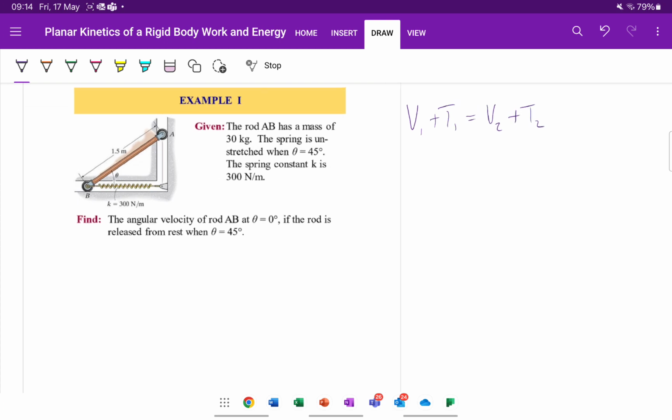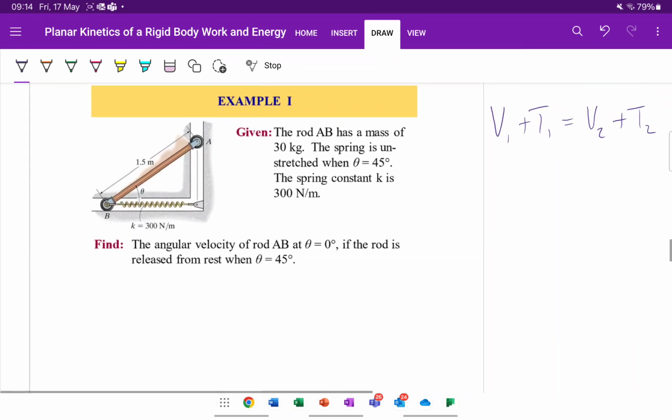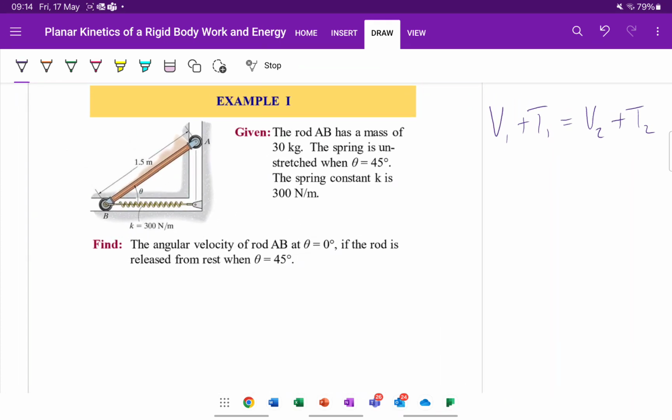So if we apply it to this question that's on screen, we've got a rod AB, mass of 30 kilos. It looks very similar to a previous question that we did, but it's got a spring attached. If you see a spring, you're probably going to be thinking about some energy in there. Springs are good for potential energy questions.